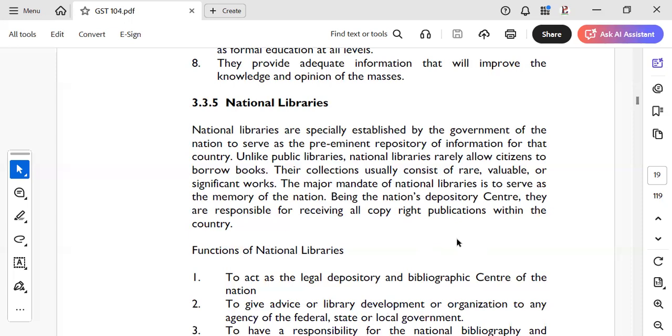I think from the name, you already know what we're talking about. It's the country's library. Let's just put it like that. The country's library that contains everything and anything that are vital information about that country. So it's not like a public library that anybody can enter.